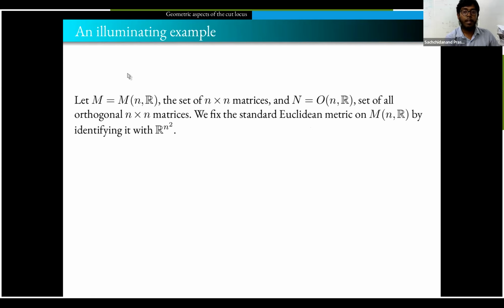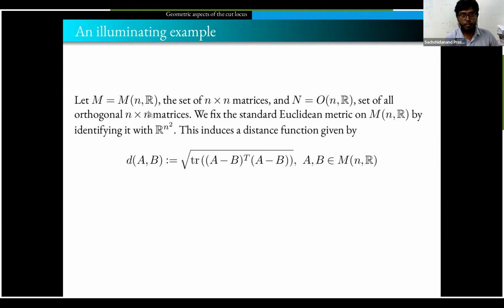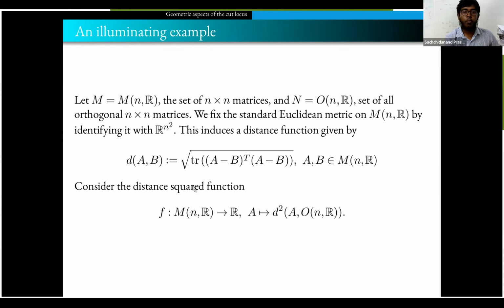I can give the Euclidean metric on M_n(R) by identifying the space with R^(n squared), and this induces the distance between any two matrices A and B as this. So we define F from M_n(R) to R as the square of the distance from the orthogonal matrices.